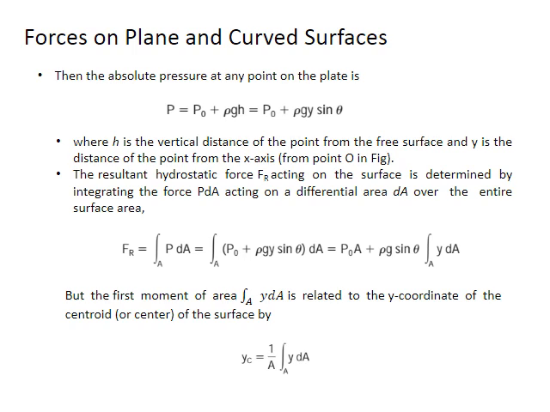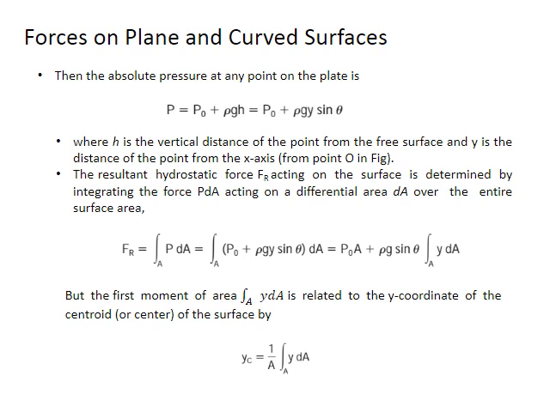The resultant hydrostatic force Fr acting on the surface is determined by integrating the force P dA. What is dA? dA is the elemental differential area over the entire surface. So we have taken an elemental area from the entire surface, and we will integrate how much force is acting on that particular area.